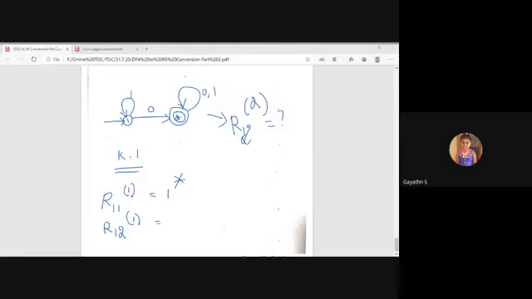What about the others? R12 of 1, 1 closure, 0. Right, Keerthana is right. 1 closure, 0. You should add 0.